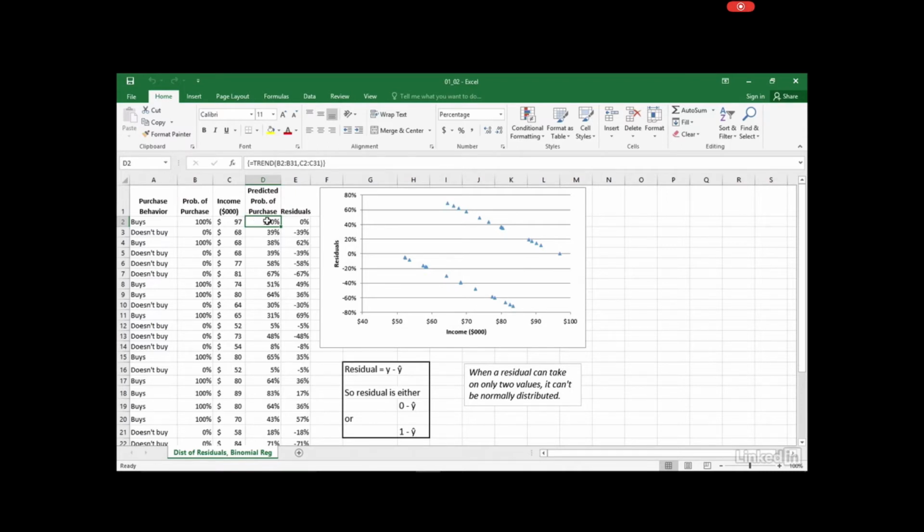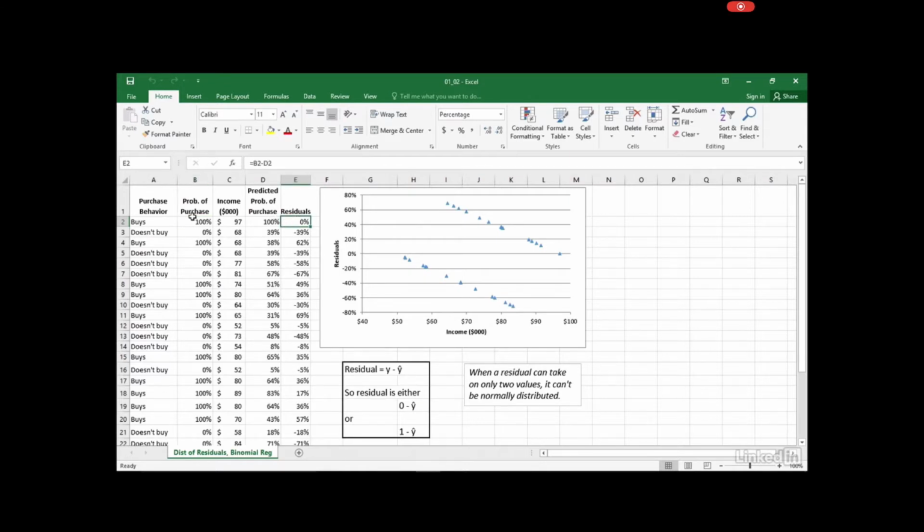And the TREND function begins by calculating exactly what the regression equation looks like, the intercept and the coefficient. And it returns for each record involved in rows 2 through 31 the result of the regression equation, a predicted probability of purchase, and we can subtract that from the actual value of purchase, and we can get then the residual.